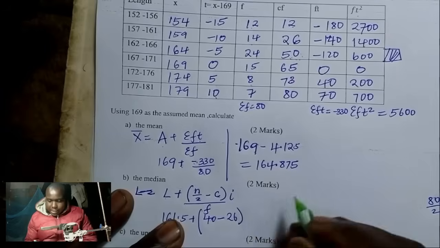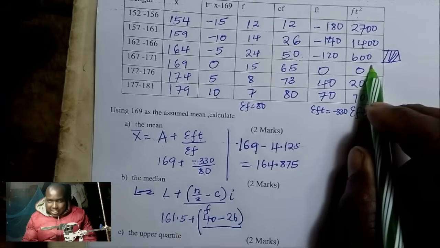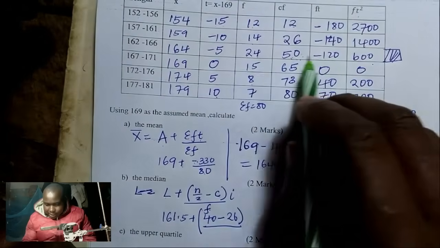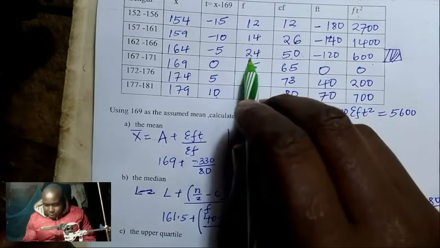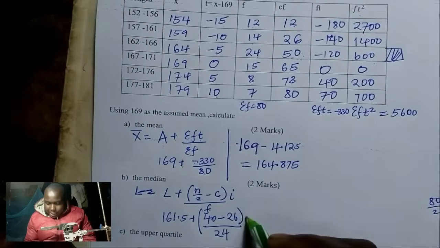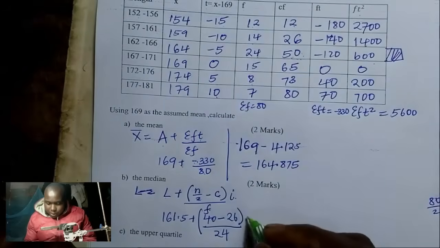You close the bracket, divide by F. F is the frequency in that class. The frequency in the class is 24. So you divide by 24, and then times I. I is the class interval. Our class interval is 5, times 5.